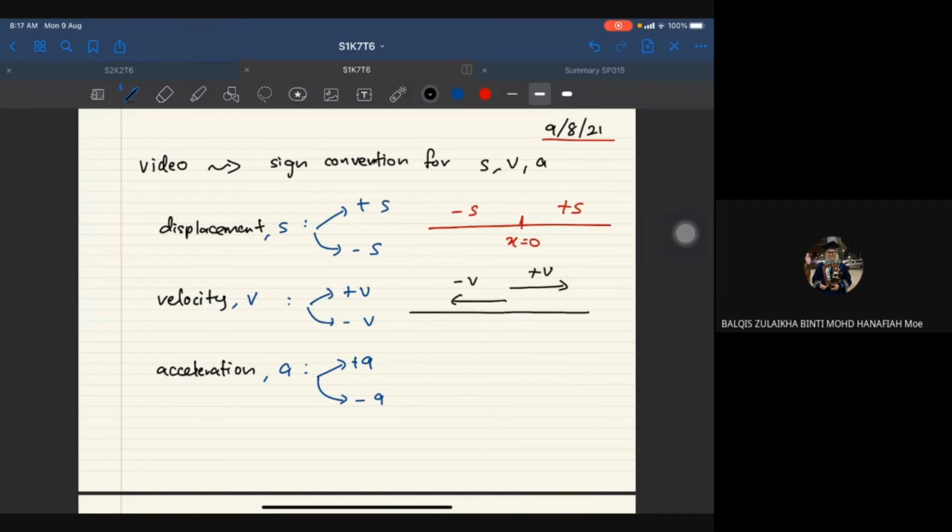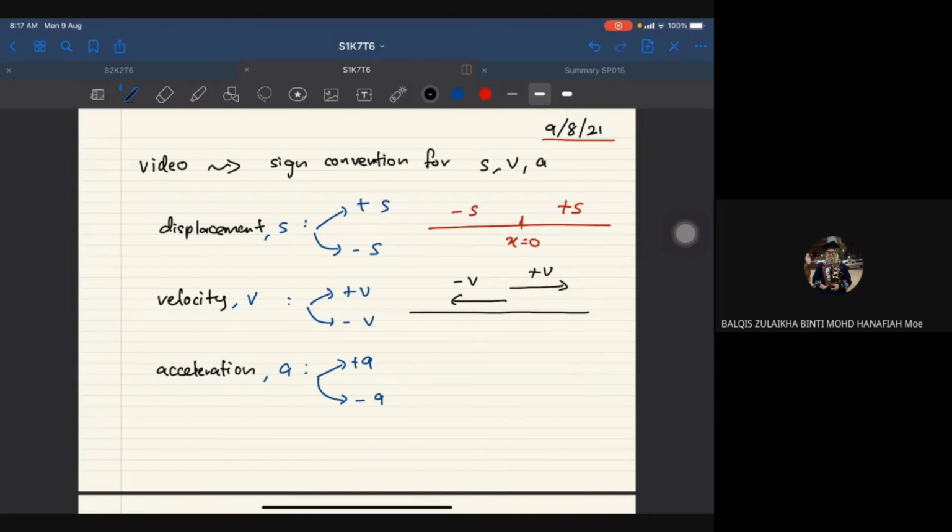Notice that in my drawing right now, I didn't draw x equals 0. Because for velocity, when we want to consider whether it's positive or negative, you can straight away look at the direction of motion: to the left or to the right. If V equals 0, it means it's static. For position, there was an x equals 0.